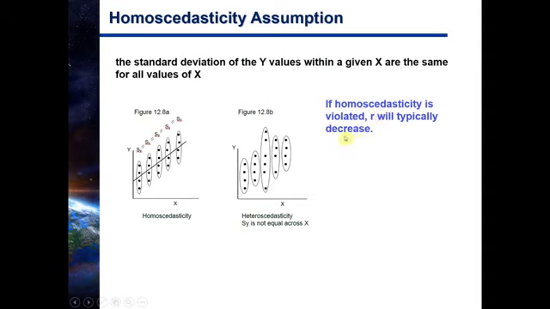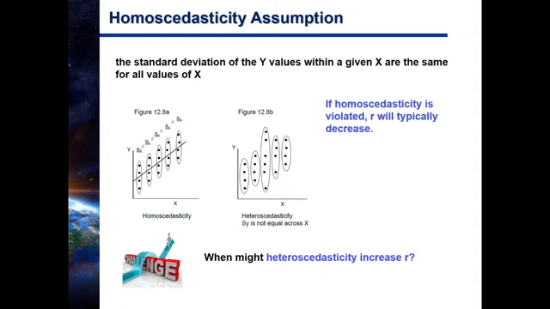It'll suggest that we have a weaker relationship between X and Y. And the reason this happens is because we're increasing dispersion, we're increasing the amount of scatter away from the line. And of course, if our R value goes down, what happens to our predictions? Do they get better or worse? Well, if our R decreases, meaning our relationship is weaker, it means our predictions are going to be not as good.